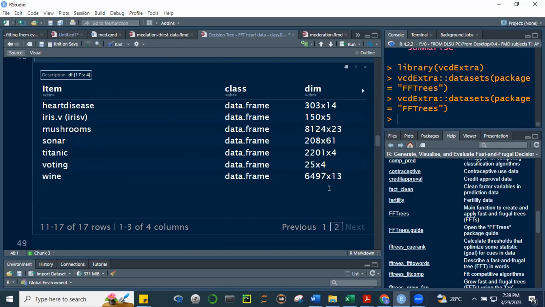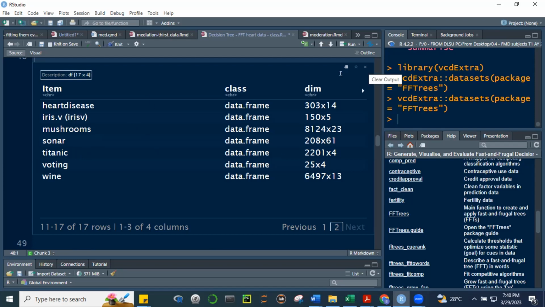You have seen that sa help guide ni R, may mga examples eh. Tapos may ginagamit na data. And that data comes from the packages that are loaded sa R, no? Tulad nito, andiyan yung Titanic. Andiyan yung Iris data, very famous data, no? Yung wine data din, 6,497 rows of observation, tapos 13 variables. Okay? All right.